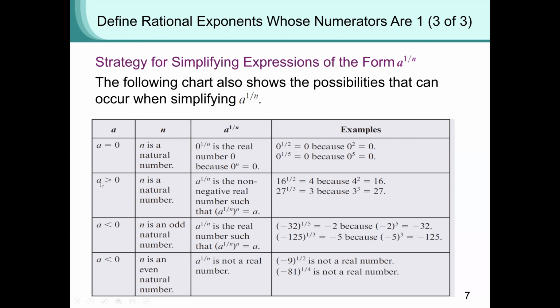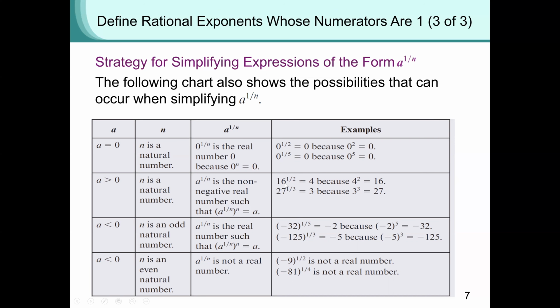Now, if a is a positive value, which is greater than 0, that's good. Here we can say that a to the power 1 over n, again, n can be even or odd, that's fine. We will get an answer. And if we simplify it, we get a to the power 1 over n times n, the answer will be a.